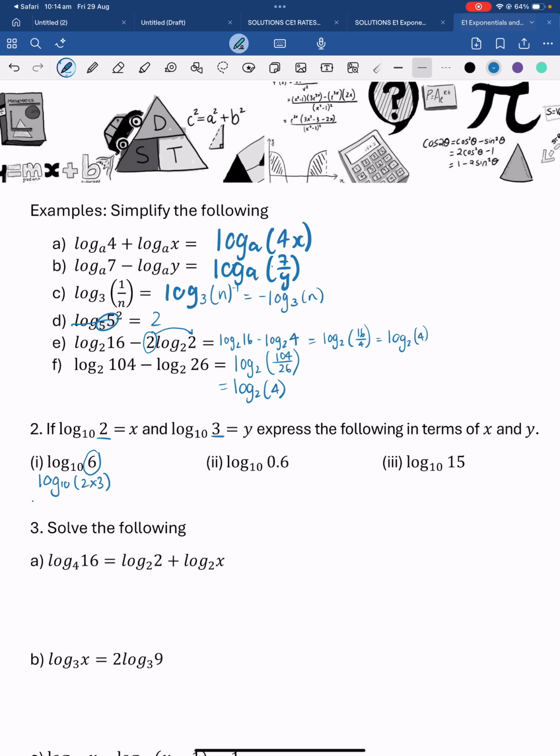Timesing, well, the log law says I would plus. It tells me that log 10 of 2 is equal to x, log 10 of 3 is equal to y. I've just worked out that it's the same thing as log 10 of 2 plus log 10 of 3. So that just means it's the same thing as x plus y.